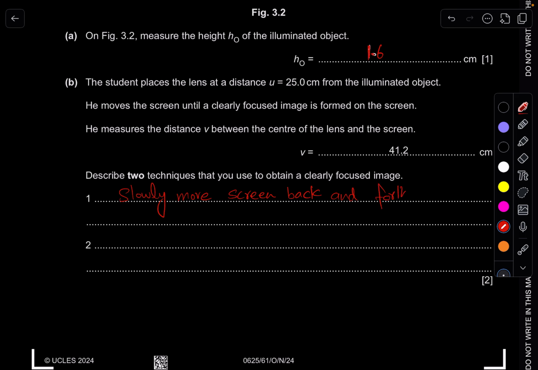That can clear the image. Or you can do the experiment in a dark room. Okay, to perform the experiment, right?